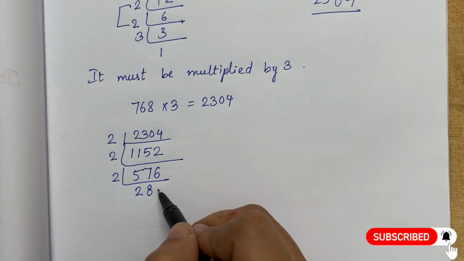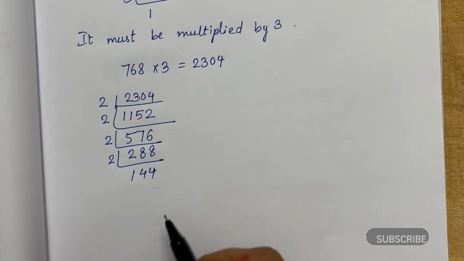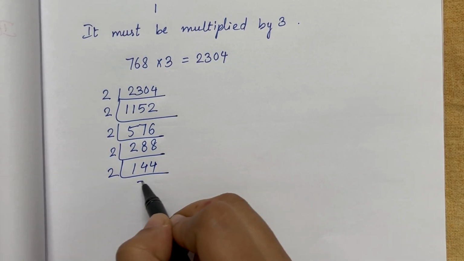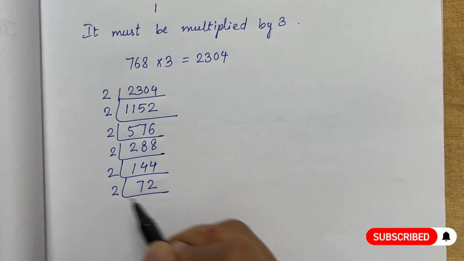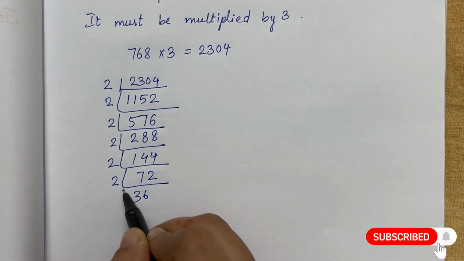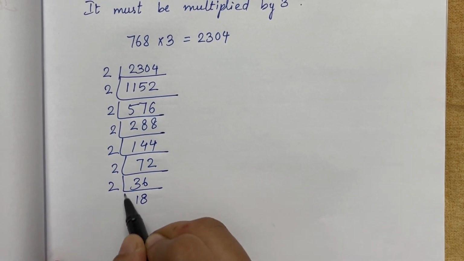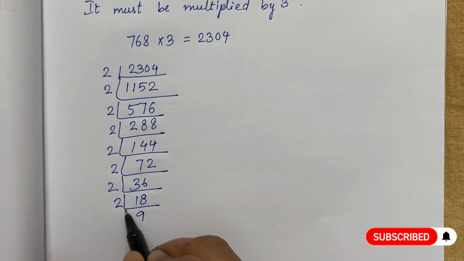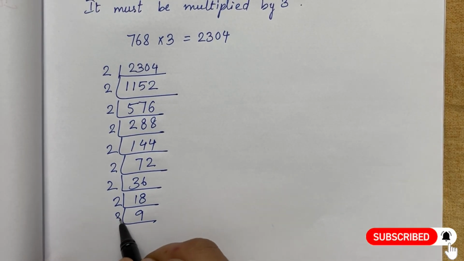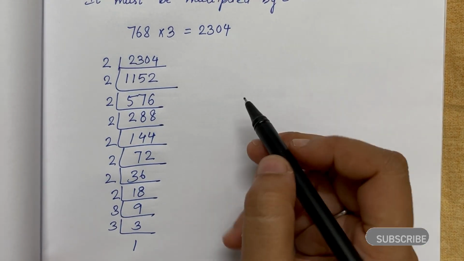Again 1, 16 comes 8 times. 1, 4, 4. So 144 divided by 2 is 72. Again this is divisible by 2, 36 times. Half of 36 is 18. Half of 18 is 9. And 9 is divisible by 3. 3 times. 3 comes 1 time.